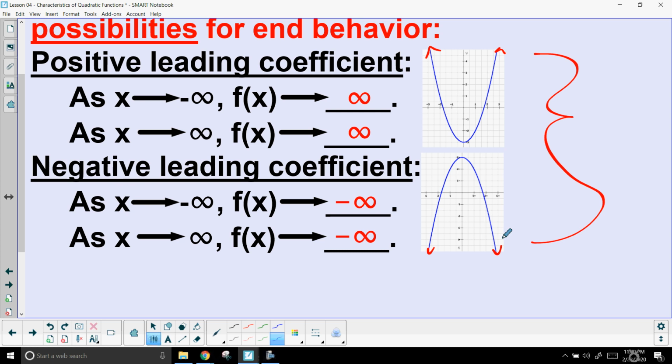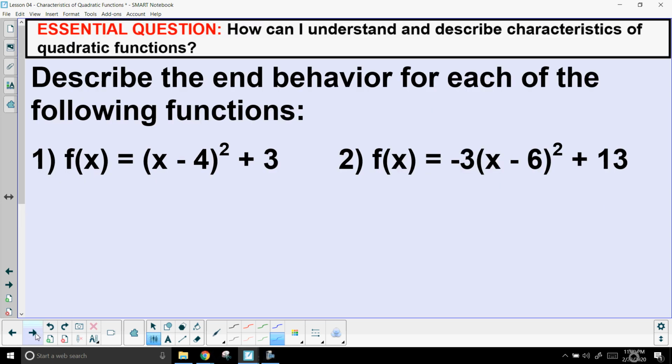Describe the behavior for each of the following. So, as x approaches negative infinity, just looking at this, it's opening upward, positive leading coefficient. So that means f of x, or y, whichever way you want to look at it, is going to be to infinity. And just like we discussed a second ago, the other one should be the same thing.